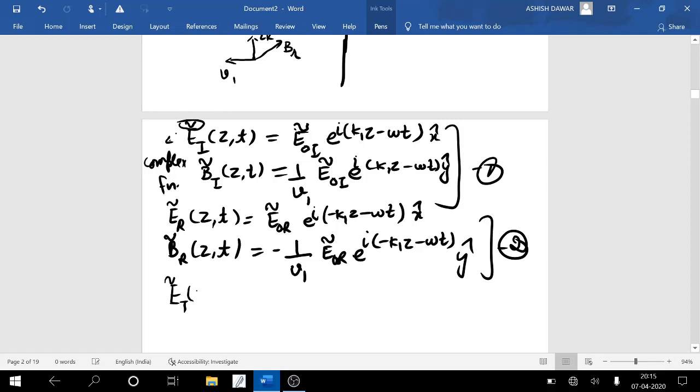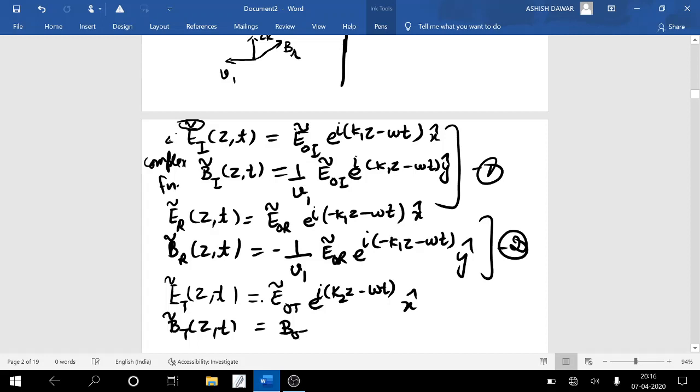E_T equals E0T exponential iota (k2 z minus omega t) x cap and B_T equals 1 upon v2 E0T exponential iota (k2 z minus omega t) y cap.